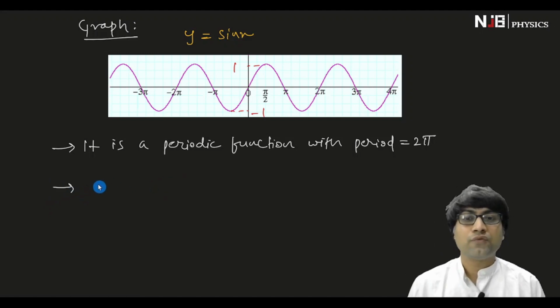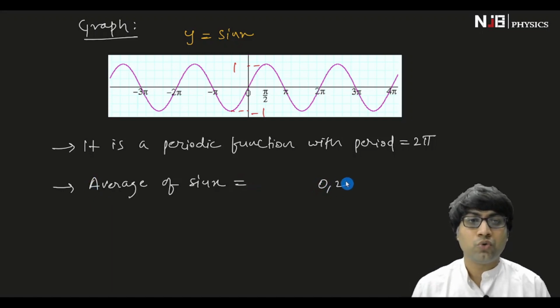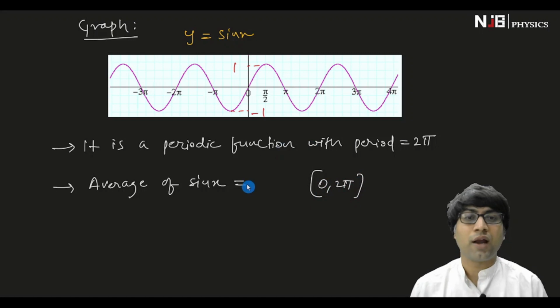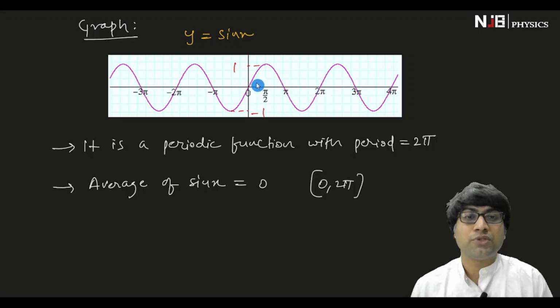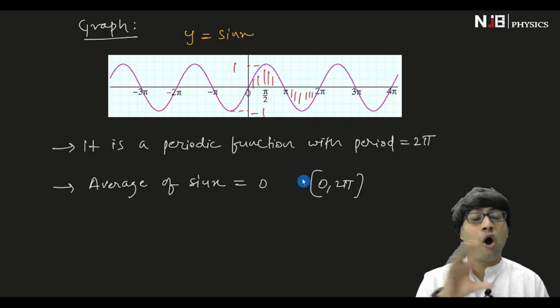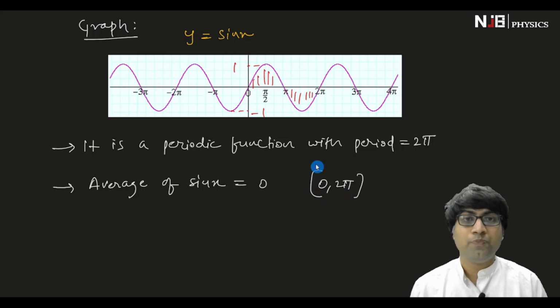So the average value of sine x in the interval 0 to 2 pi, as you can see from the graph, is going to be 0 directly. We can see that because from 0 to pi the graph is positive, and similarly it is negative from pi to 2 pi, and therefore on average the value of sine x in this interval is going to be 0.